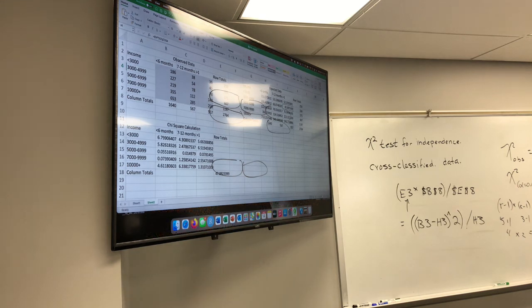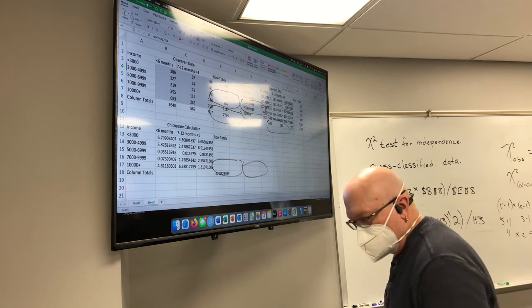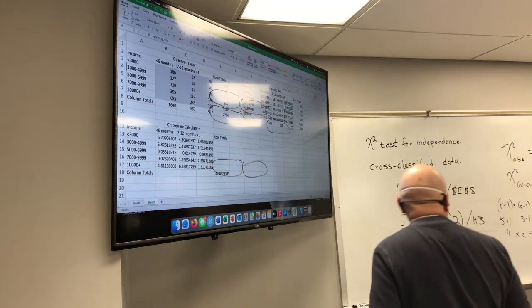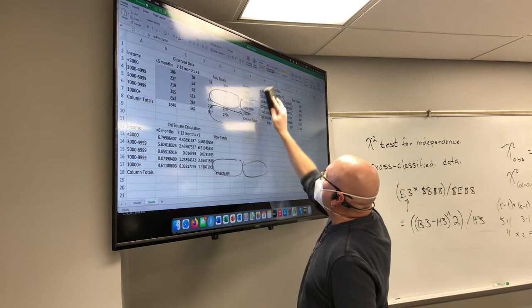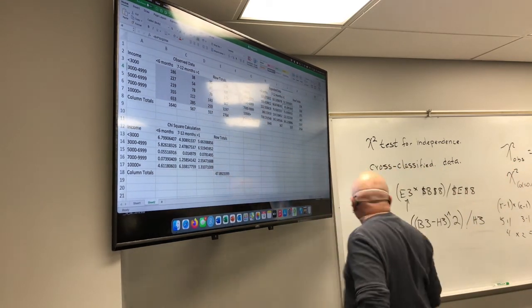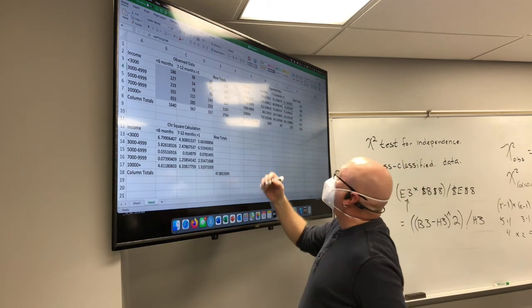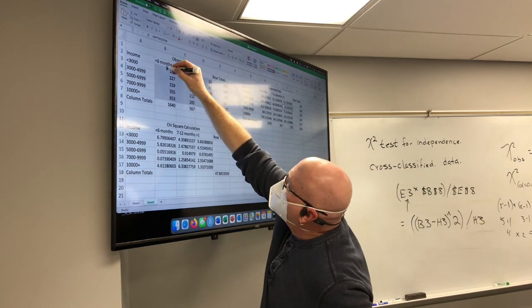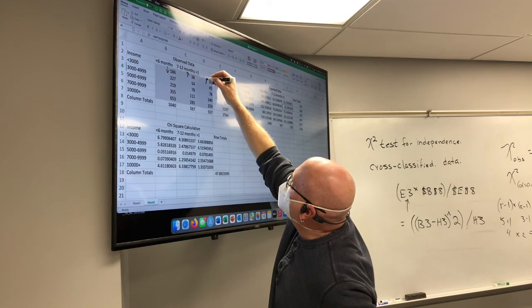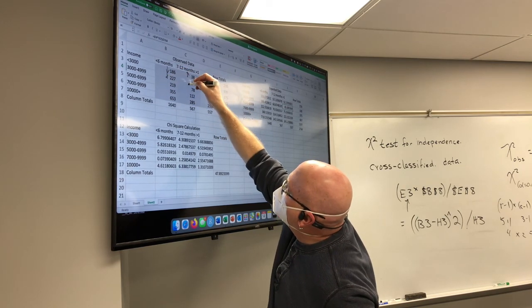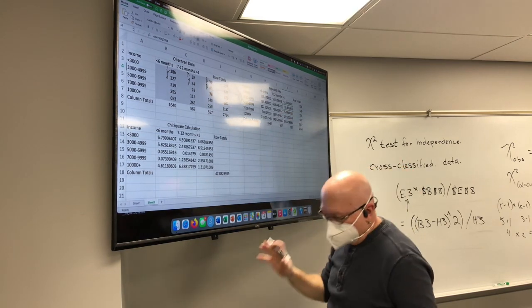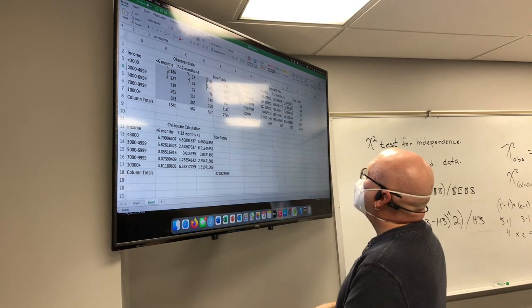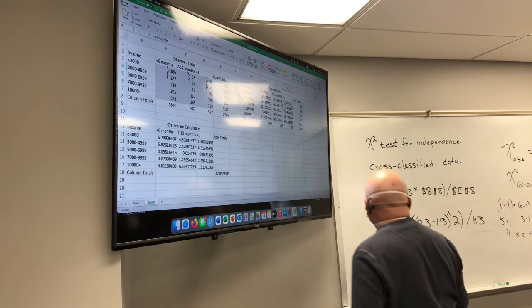So in each of these cases, now I've totally messed myself up. I don't know how the school feels about me writing on LCD screens, but I guess I don't really care. This is lower than you expect, higher than you would expect, higher than you would expect, lower than you would expect, higher than you would expect, higher than you would expect. Sorry. Got that just opposite.